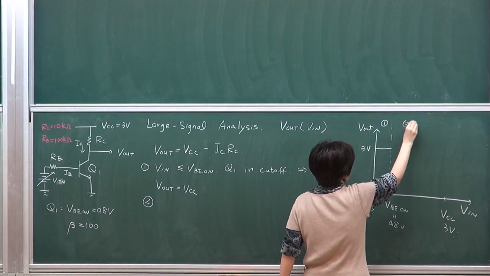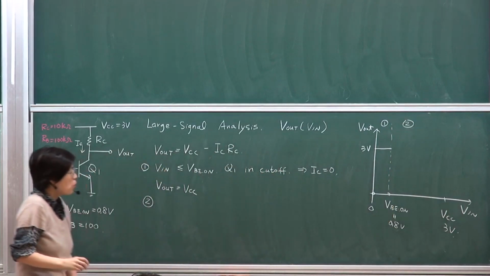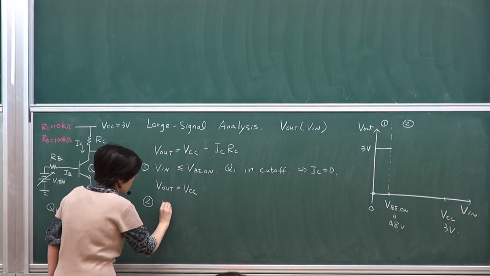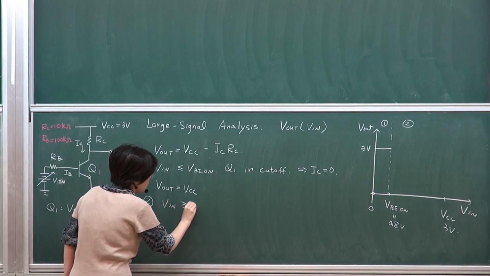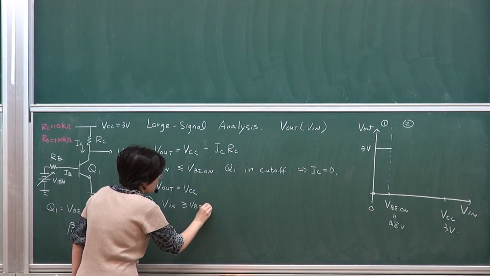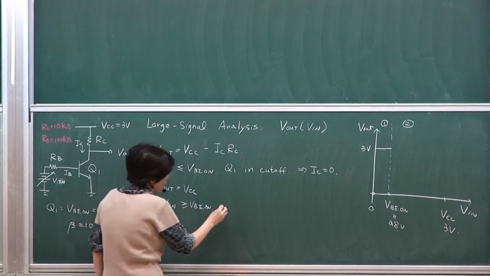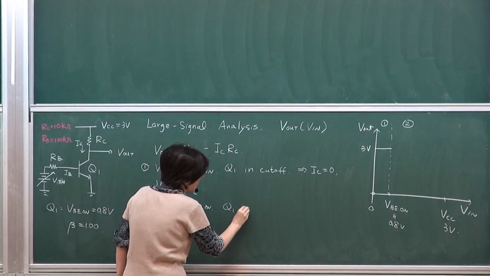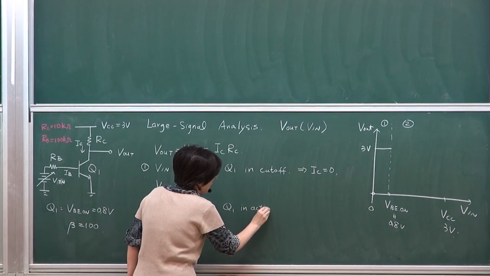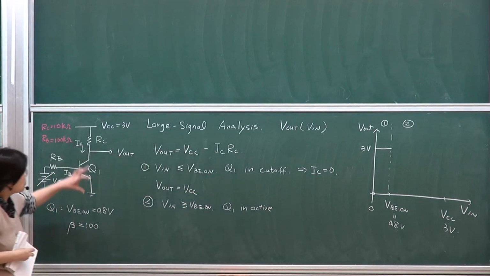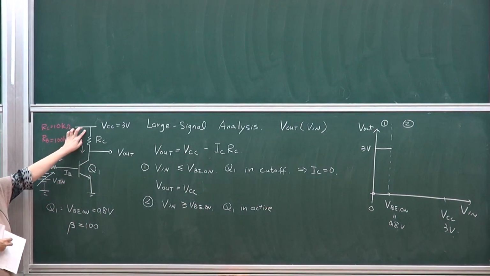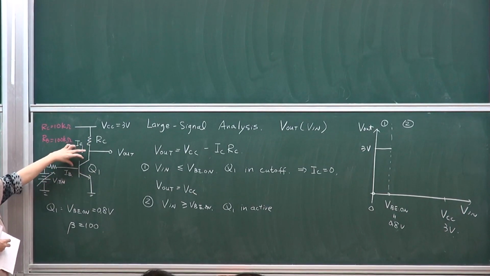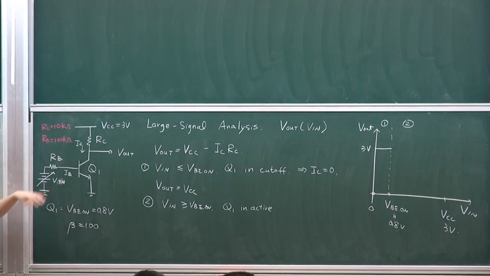Let's see what happened in number 2. Once you move on to Vin larger than VBE on, we can assume that Q1 should be in forward active because my VC is high. This is at a high level. So you basically have a sufficiently high reverse bias across this BC junction.